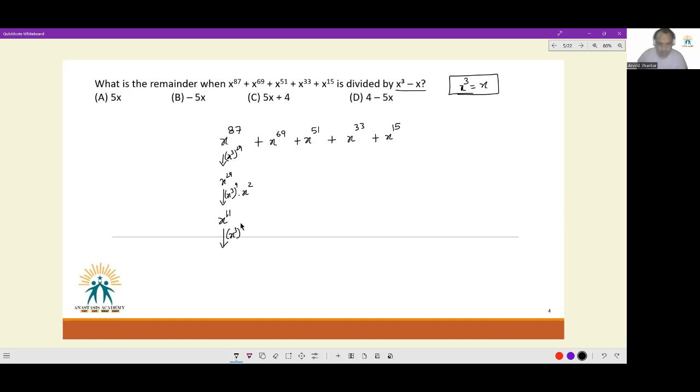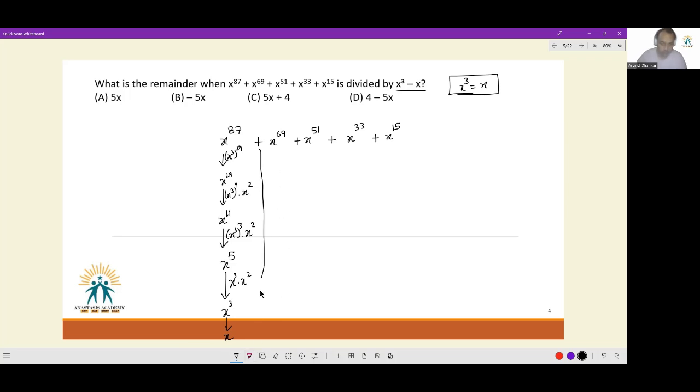X cube raised to the power 3 into x square, so it will turn to x raised to the power 5. X cube into x square. X cube turns to x. So this will turn to x cube, which will finally turn to x. This entire x raised to the power 87 is as good as x when it comes to remainder finding with x cube minus x. X raised to the power 87 leaves the same remainder as x leaves with x cube minus x. So this leaves a remainder of x.